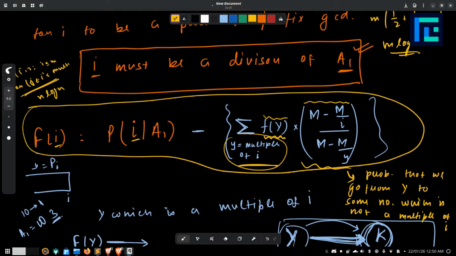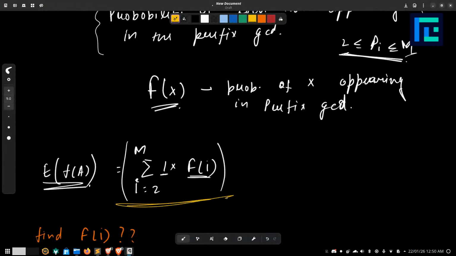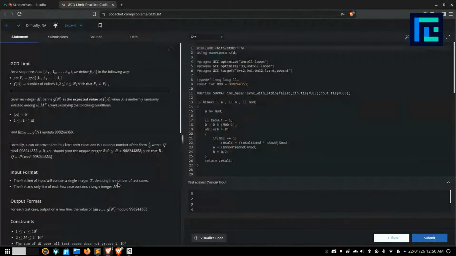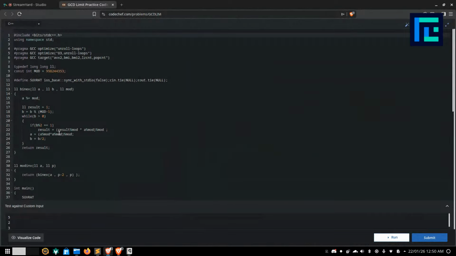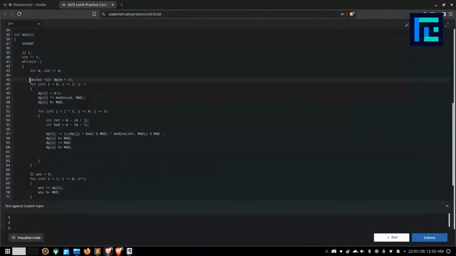That way we'll be able to calculate the value of f of i, and then our answer would be simply this. I'll show you the code for this. I'm creating this vector of dp, where dp of i is basically capital F of i.